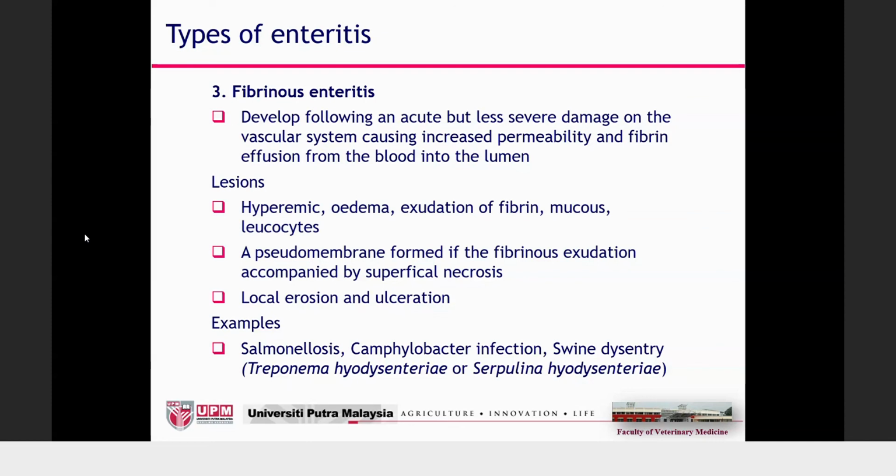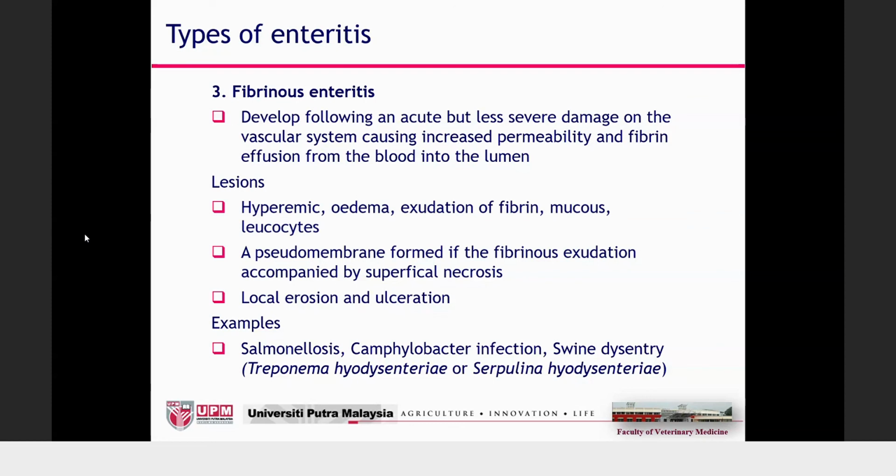So in that case, although we didn't call it necrotizing enteritis, in many times when we get fibrinous enteritis, you might also have superficial necrosis of the cell. When there's cell necrosis and fibrin formation, the necrotic cell and fibrin will come together, and that will form a pseudomembrane, like a membrane covering the mucosa of the intestine.